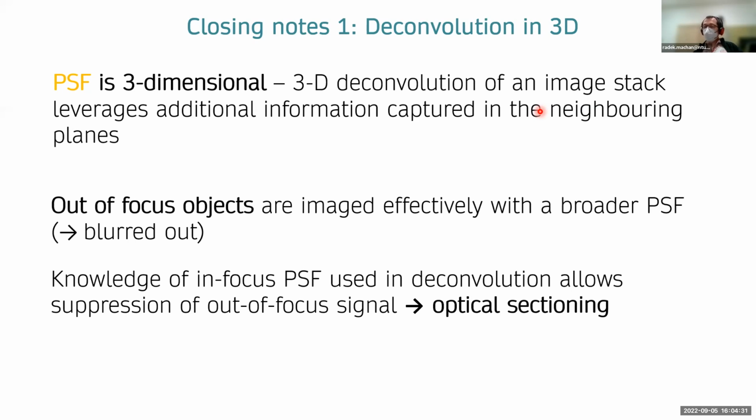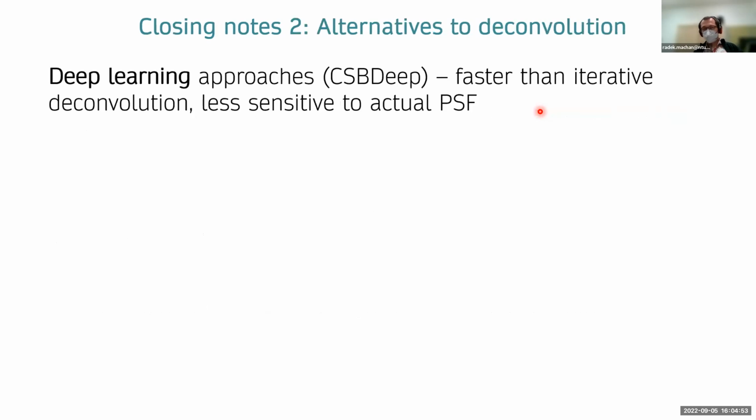It could be an alternative to confocal imaging: do wide field imaging followed by deconvolution. Of course, confocal imaging is likely to have better performance, but in some cases this could be a viable alternative.